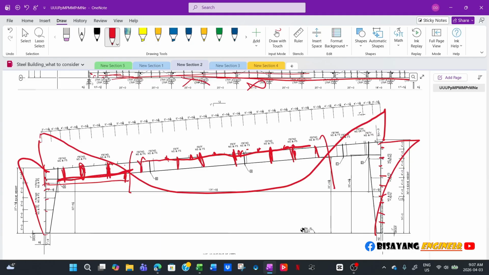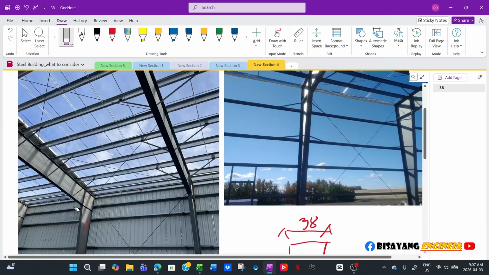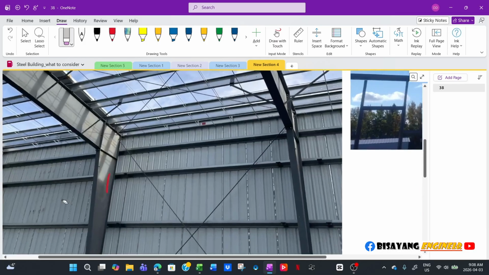The same with your column. So you have bracing. See this one here? This is also bracing from your purlins. Let me see if I can find a picture with those. I don't know if you can clearly see this one.